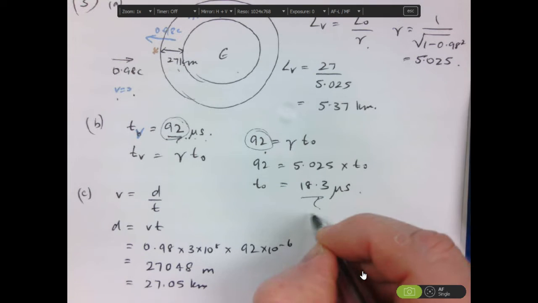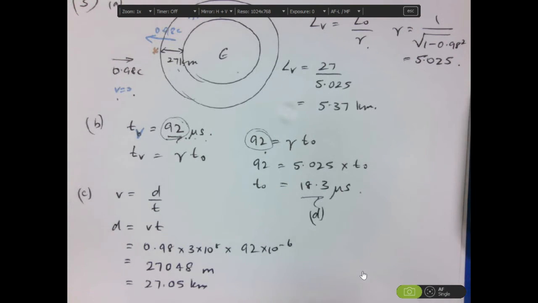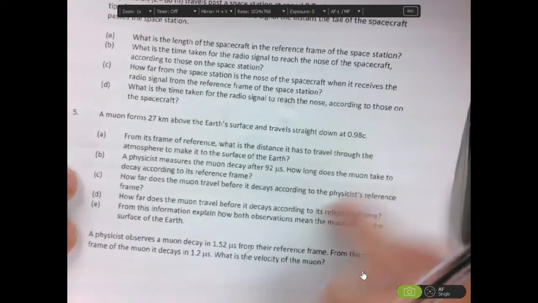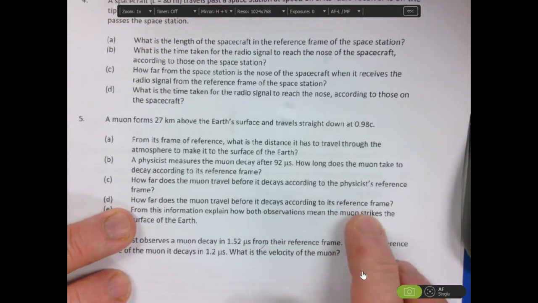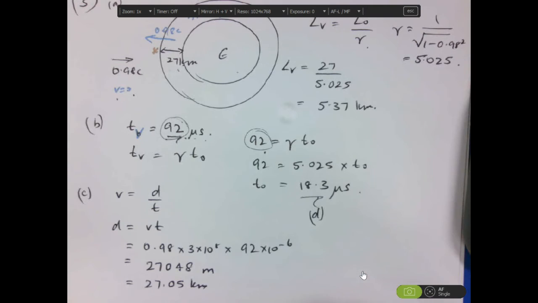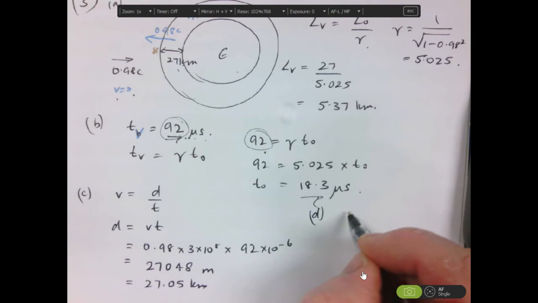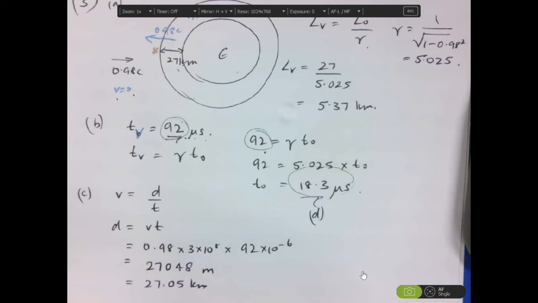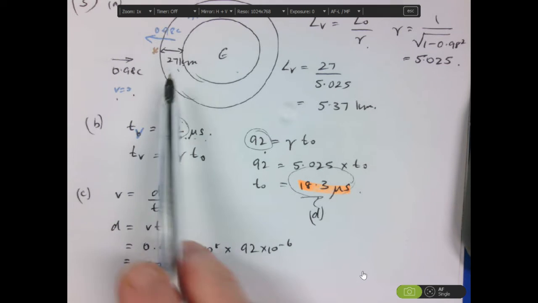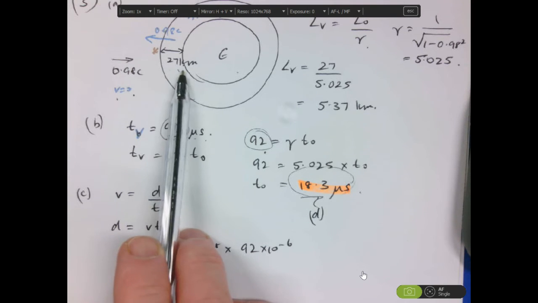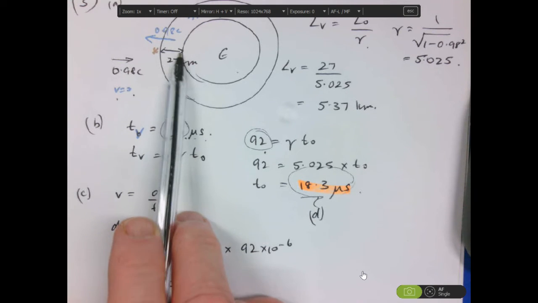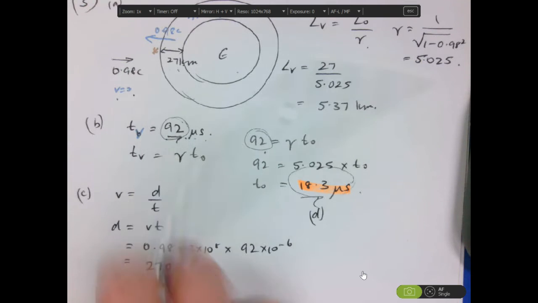Okay, let's look at D now. D says, how far does the muon travel before it decays according to its reference frame? Now, in its reference frame, it decays in 18.3 microseconds. Okay, and the Earth is moving towards it at 0.98 c.